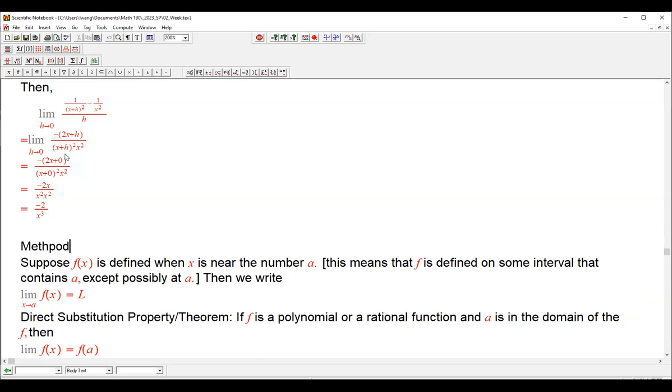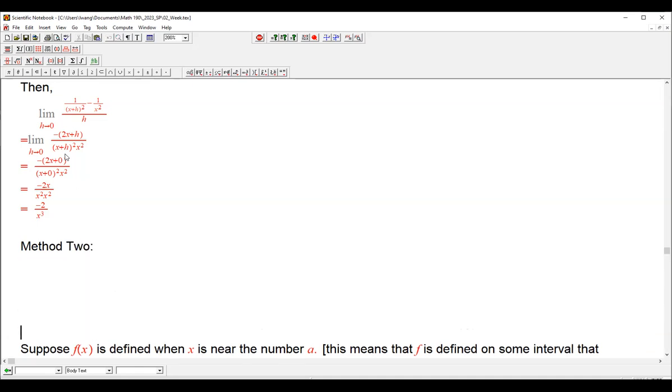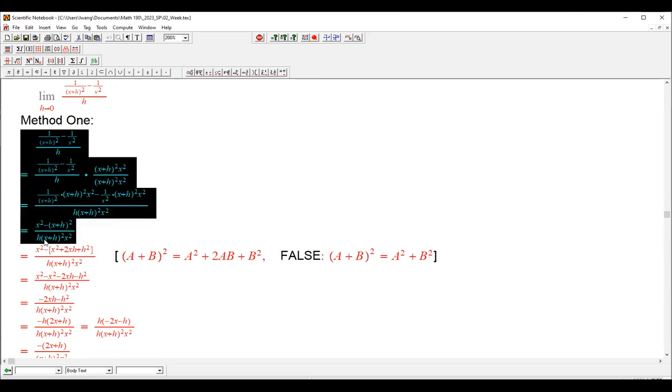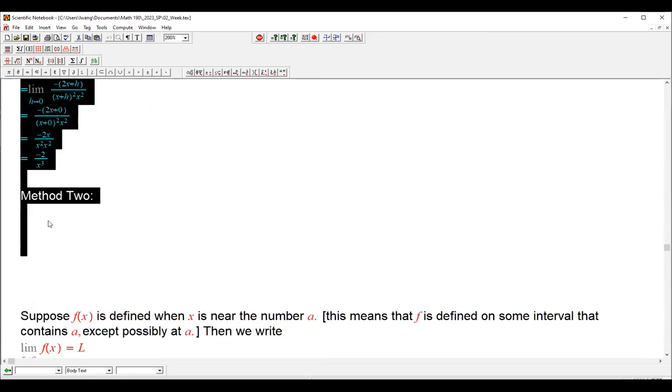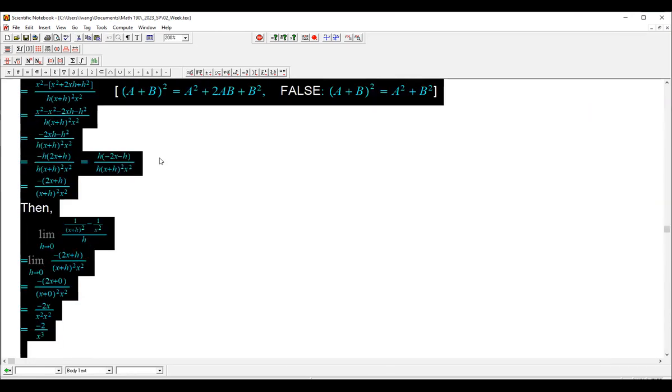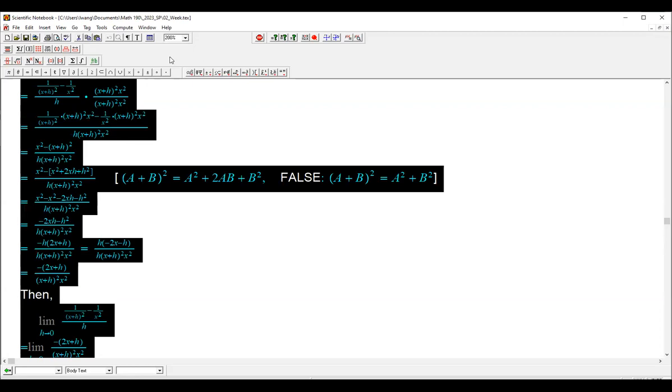Another method to show work, the ideas are the same. Method 2 is that you can just take all of it. Okay, hold on, I'm going to have to make some adjustment.